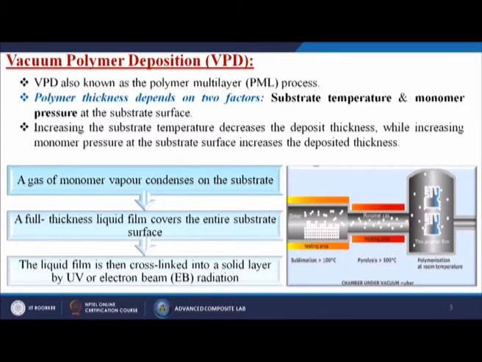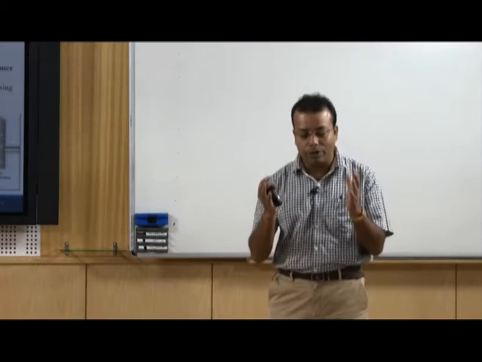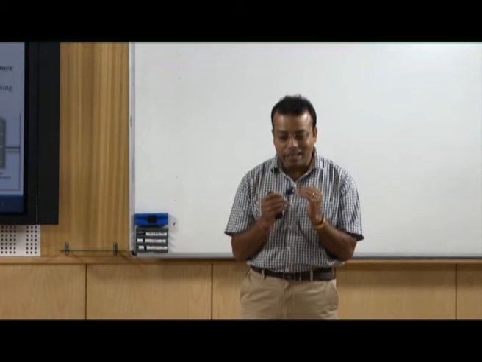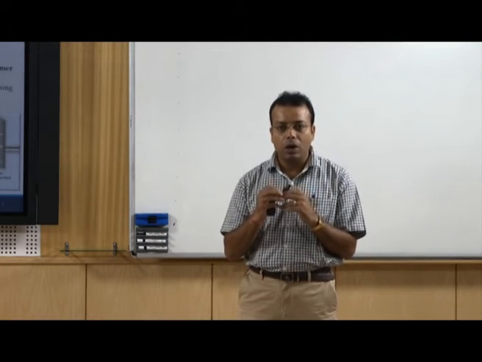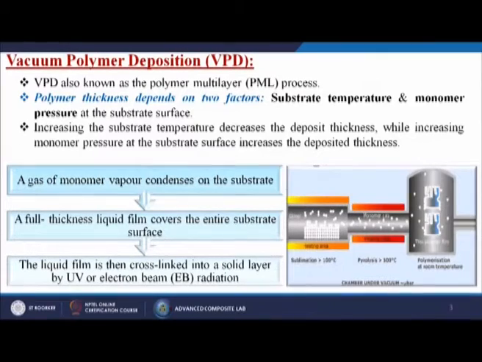Increasing the substrate temperature decreases the deposit thickness, while increasing monomer pressure at the substrate surface increases the deposit thickness. So, from this you can understand that we can easily control the thickness of the coatings. Not only that, we can increase or decrease the layers on the substrate.